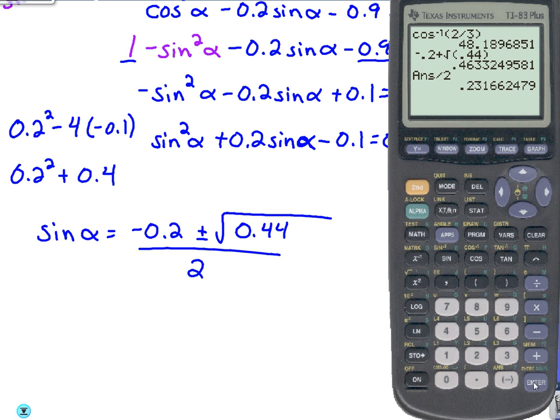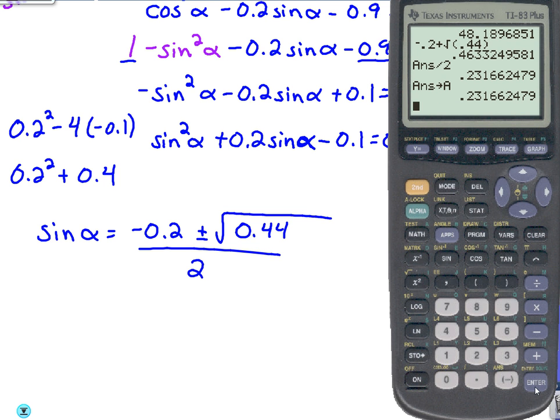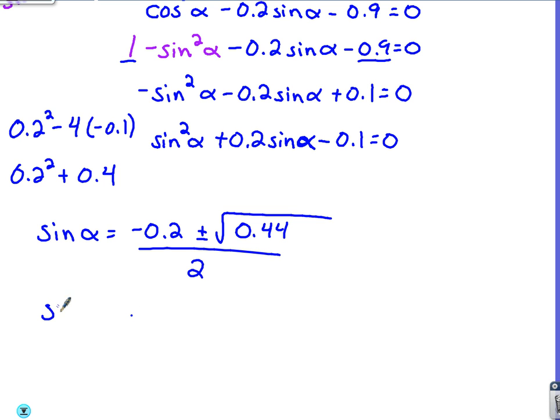What I would do, guys, because we're all about exact answers, let's store that into alpha A, just so that I can go back and recall it. Let's see, 0.2317, I'll call it. So sine of alpha is about 0.2317.